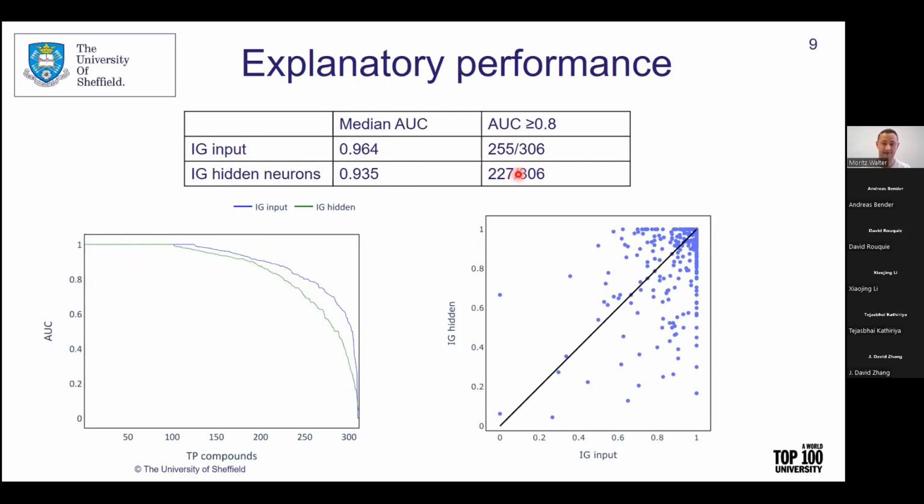In both cases the majority of compounds achieve an AUC of at least 0.8, which in our experience corresponds to fairly good explanations. If you look at the scatter plot of individual AUC scores, we see that both methods seem to perform better on certain sets of compounds.